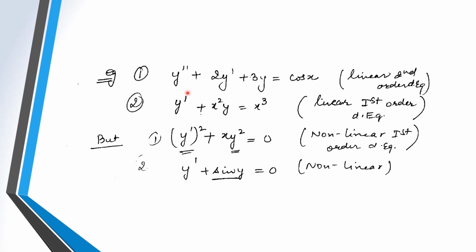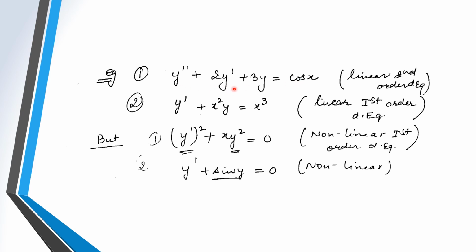For example, if we have an equation of the form y double prime plus 2y prime plus 3y is equal to cosine x. Here the double prime means the second derivative of y with respect to x, the single prime means the first derivative of y with respect to x, and so on.